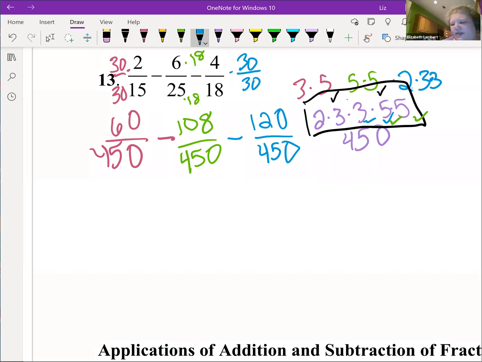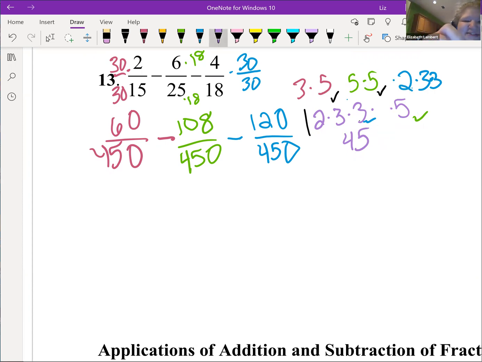Sorry, my brain is now looking at it like, that's not 18 times 30. It's not. Because the blue is not 3 times 5. Oh, sorry, guys.